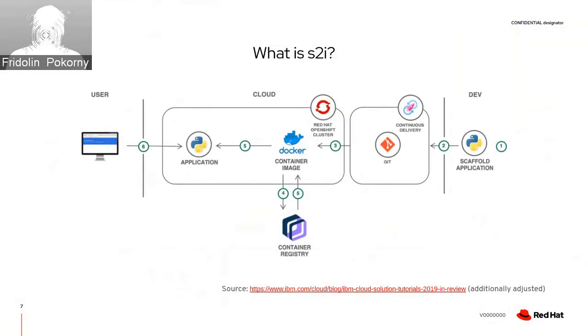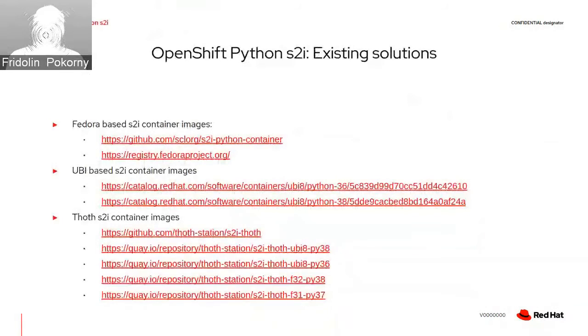Once the image is pushed into the container registry, the application automatically deploys and is available to users. So this is basically a high-level overview of the OpenShift s2i build process.